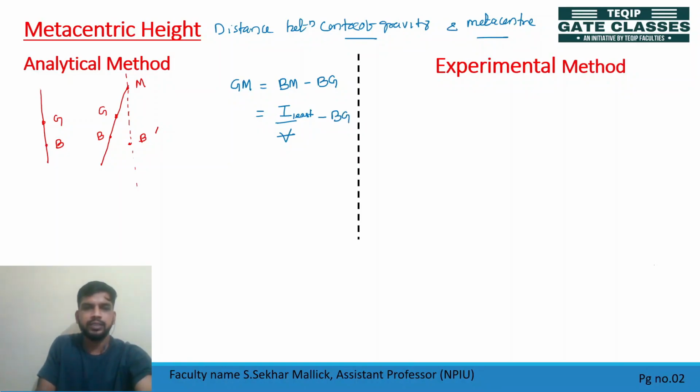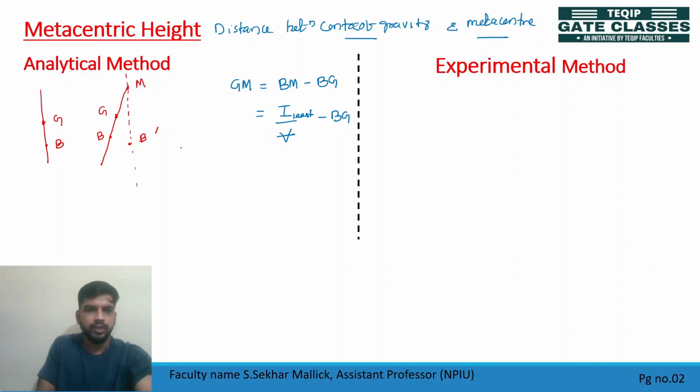What is I least? It means the least moment of inertia of the plan section. Suppose this is a rectangular body, and if the cross section is a rectangle, then the least moment of inertia will be d B cubed by 12. Similarly, this V is your submerged volume.